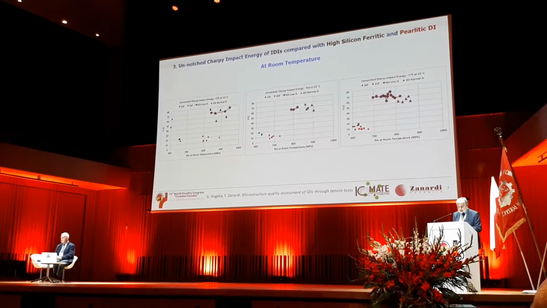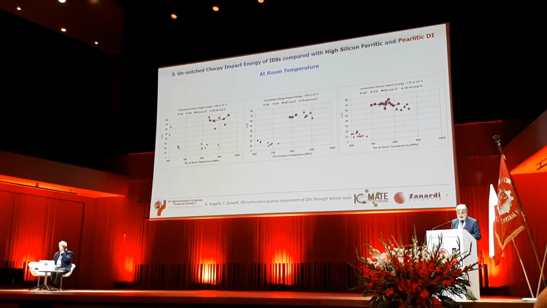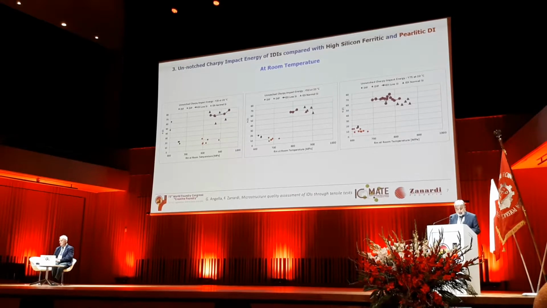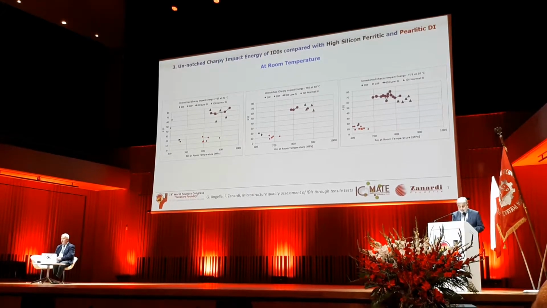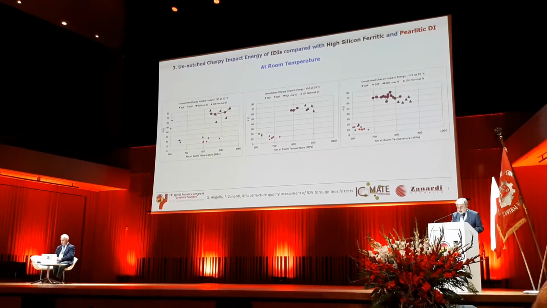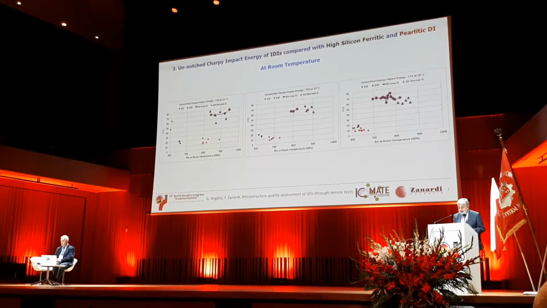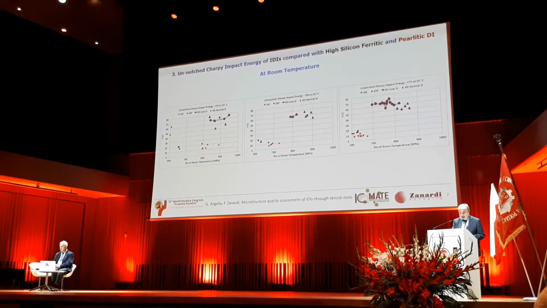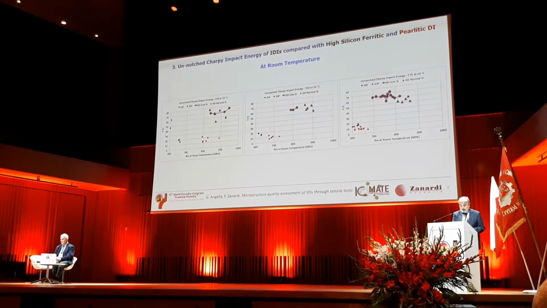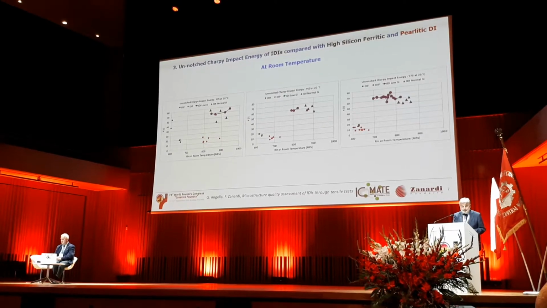The red dots are related to the conventional pearlitic ferritic ductile iron in the mold, and you see that they are below 20 joules at 25 thickness, and they are a little bit decreasing when the thickness is increasing.